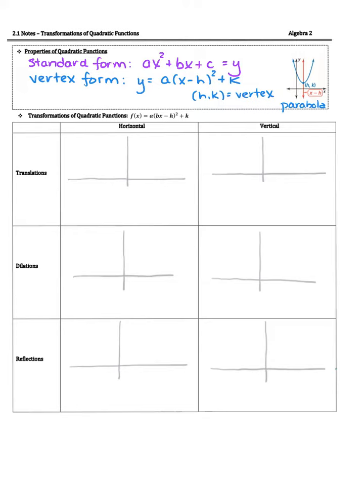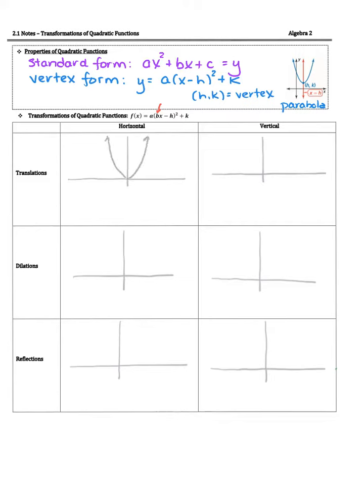Now let's look again at how we will be working with the transformations. This b right here, in front of the x, is usually a horizontal dilation. We're not going to focus on that too much in here because I want you to have the most basic transformations. So I'm going to graph each parent function here.